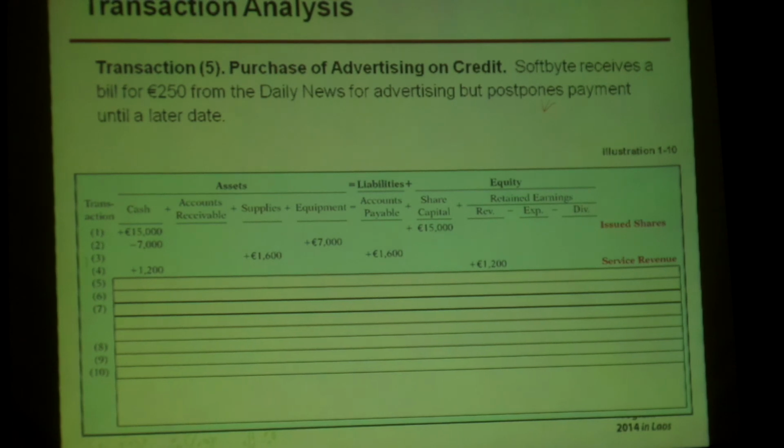What increased? Expense increased, right? And what the other one? Did company pay cash or not? No. Liability increased, right? Okay. All the time, an increase in expense in retained earning means a minus, and the accounts payable increase is plus.